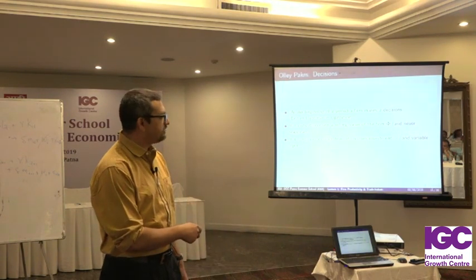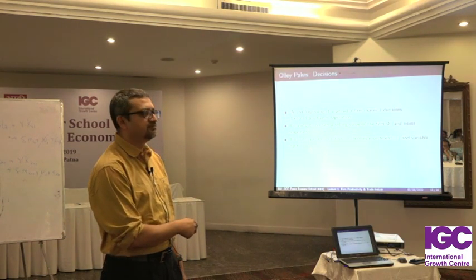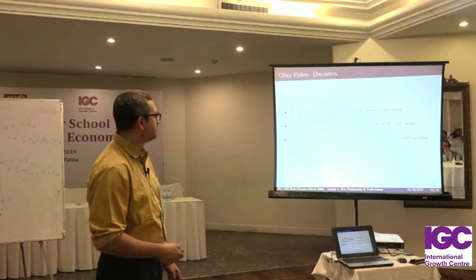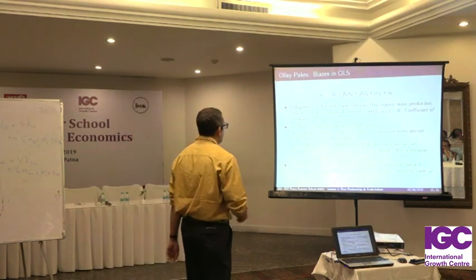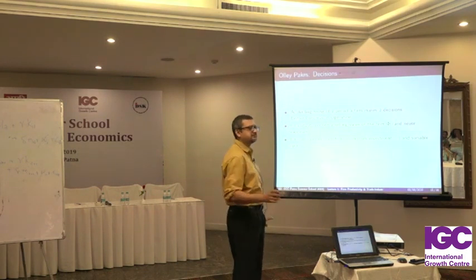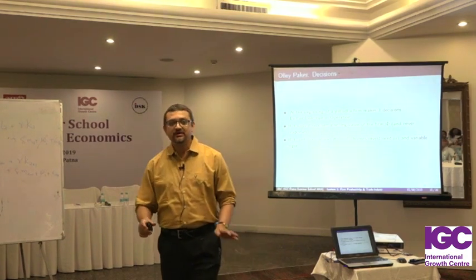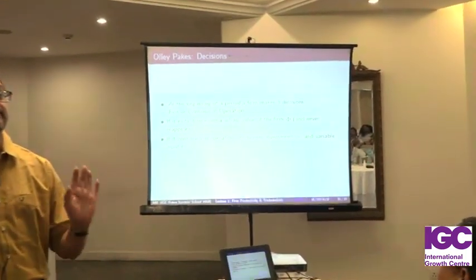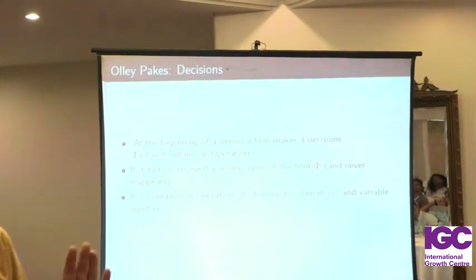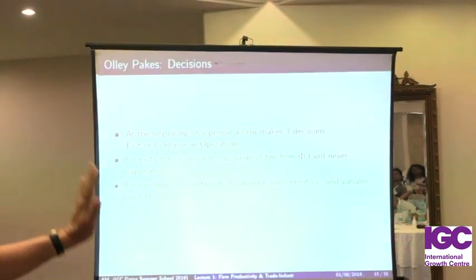If it continues in operation, then it chooses investment, and then it chooses labor, how many people to hire. So, this is the structure, that's simple, nothing else. The only thing is it's making the timing and how you are modeling these omegas explicit. So, this is a stylized version of the world. If any of those assumptions are not true, then you will get some other results which you can work out, but at least you know where to start.